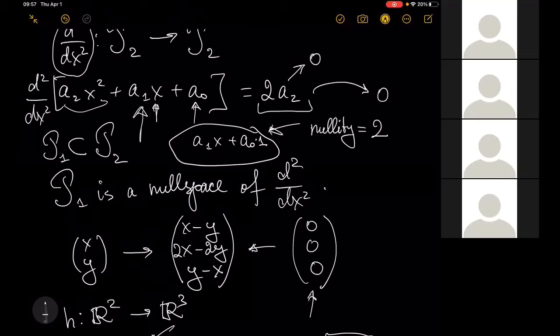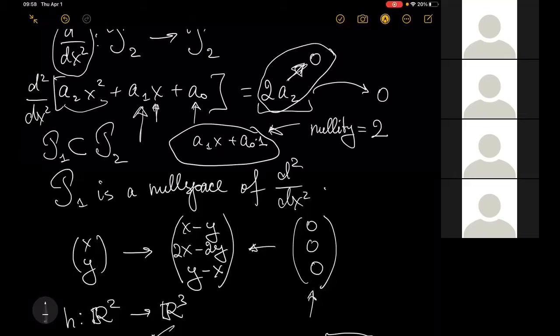Yes. The only requirement for the vector to be mapped to the 0 vector is this: a2 is equal to 0. The rest of it is then our null space. I mean, there are no conditions on a1 and a0. No conditions means that they can be any number.